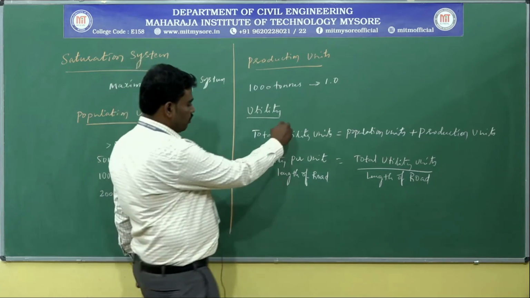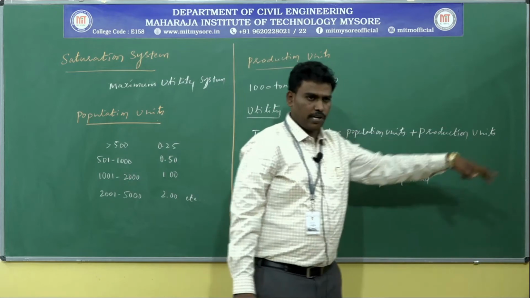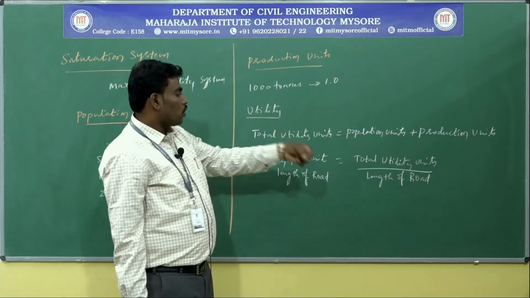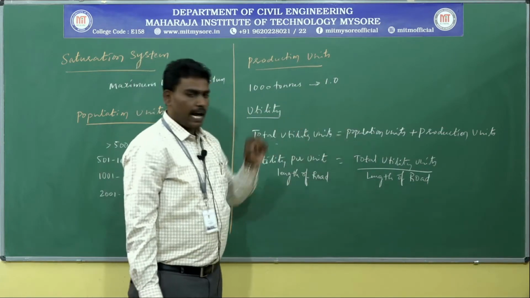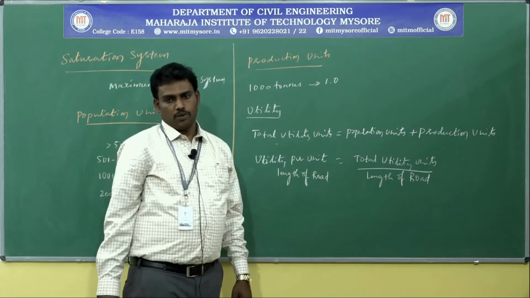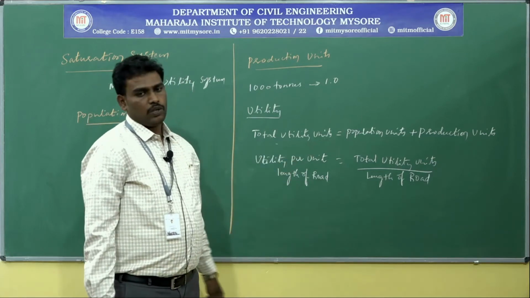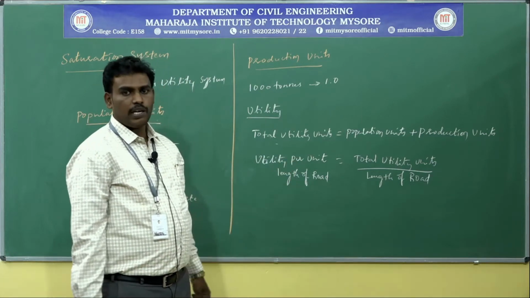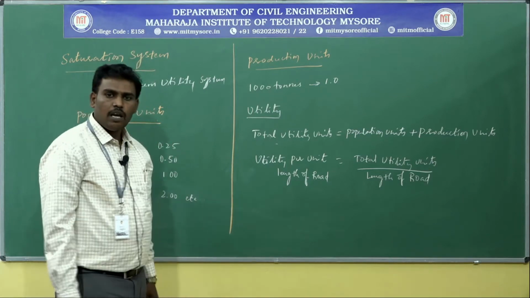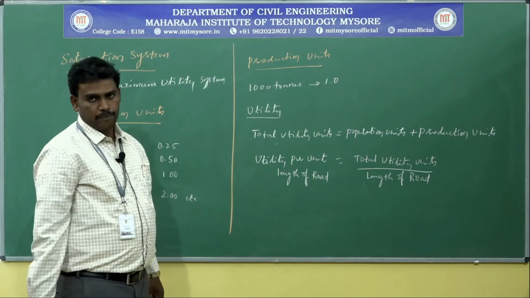Okay, you may obtain the total utility units by adding the population units and production units, and for the total utility units thus obtained, you divide by the length of the road to get the utility per unit length of the road. Okay, this is regarding the utility.